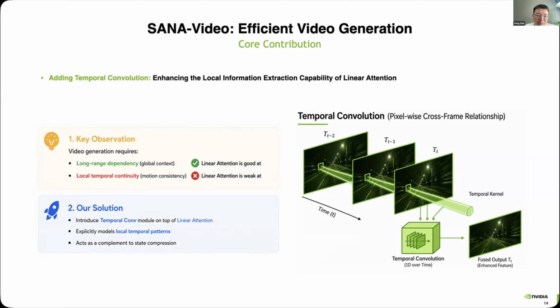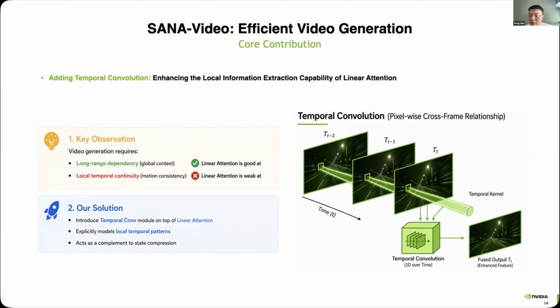So we want to explicitly model the local temporal pattern using the convolution. So on the right-hand side, we are just doing pixel-wise cross-frame relationship modeling using the convolution. So we are convolving across different frames in a pixel-wise manner. So it's a 1D conv over time, temporal convolution.